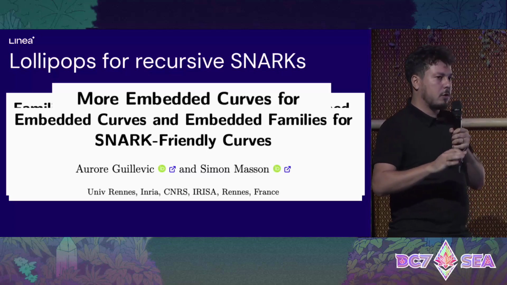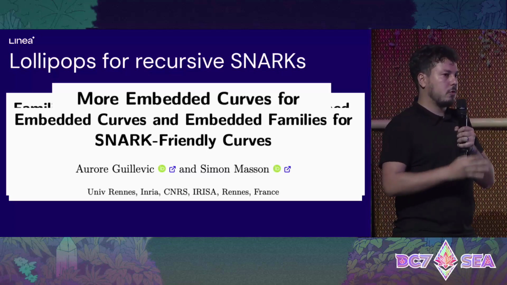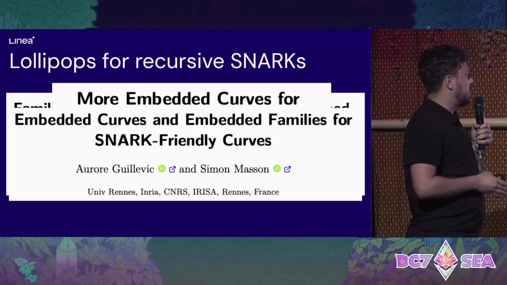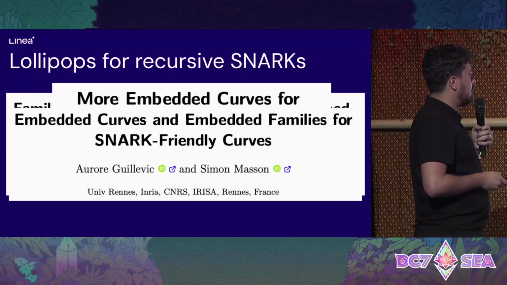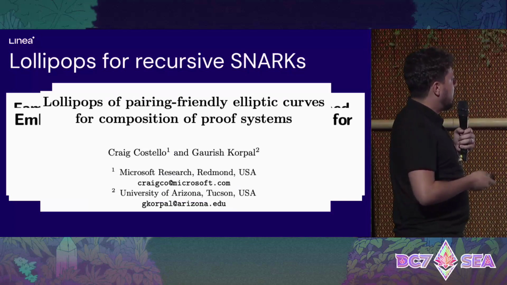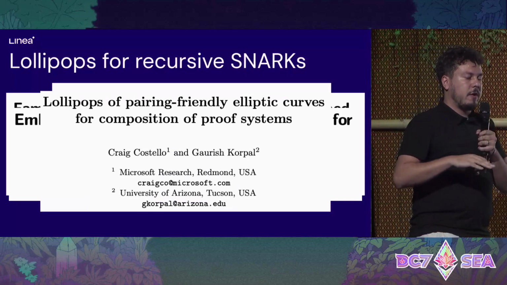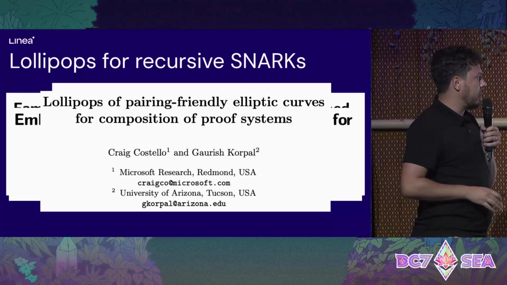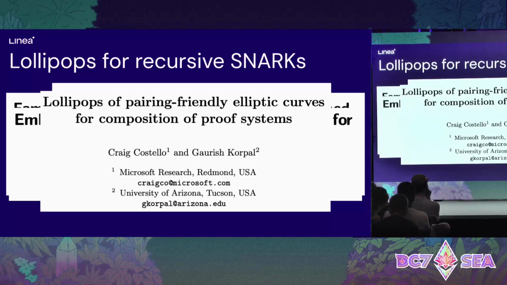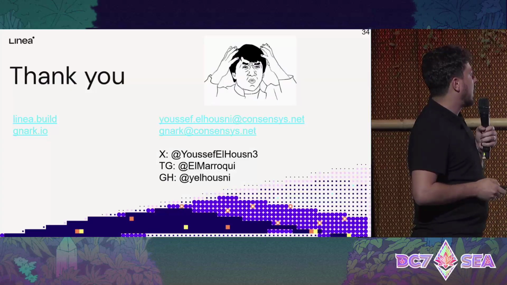Before, we couldn't fix the curve, we had to construct all the curves together, but they were able to construct it on, for example, BLS12-381. And then they found another way to do the lollipops with all the curves being pairing-friendly. It wasn't possible at this point, but they did it with supersingular elliptic curves, which are defined over extensions, so it makes things a bit slower.